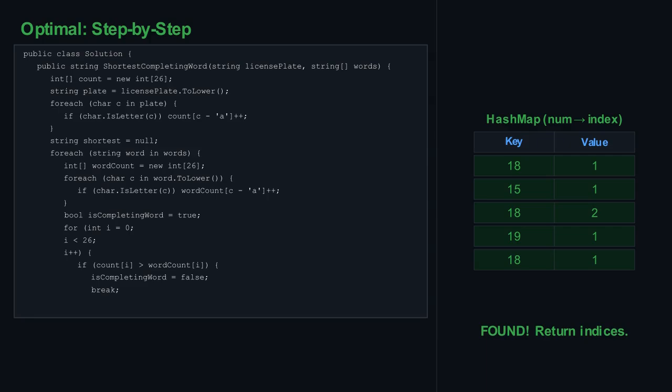S index 18 is 1, T index 19 is 1, E index 4 is 1, P index 15 is 1, P index 15 is 2, L index 11 is 1, E index 4 is 2. Compare. Index 18, requirement 2, word 1. Stop. 2 is greater than 1. Invalid. Current shortest remains steps. We have finished the list. The final answer is steps.